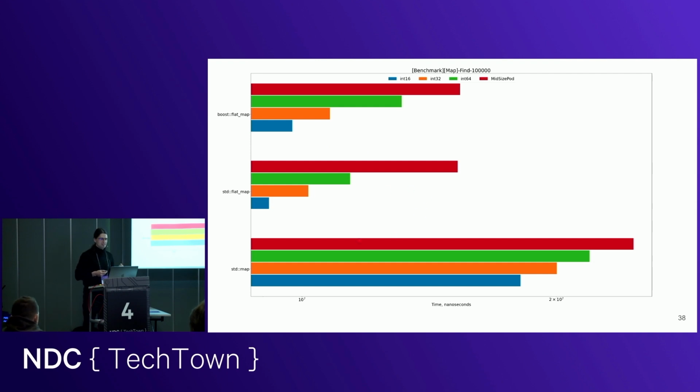Not surprisingly, it performs faster than the boost flat map, which is much wider, and you can take fewer elements into the cache at once. So that's why it performs worse. But again, for a large number of elements, I got this benchmark, and it's probably not even noticeable here, but it's just slightly faster than the boost flat map.